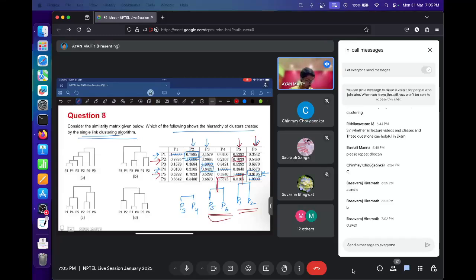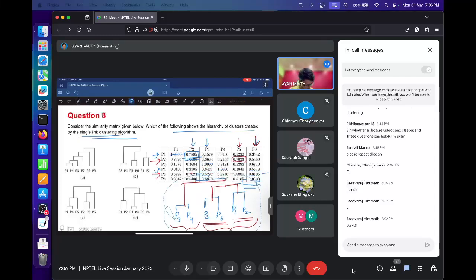So now this bigger cluster would contain P5 P6 P1 P2. The other cluster now contains P3 and P4, and finally there are only two clusters remaining. So in the last stage, obviously these two clusters should also be merged. So finally this would be the structure.